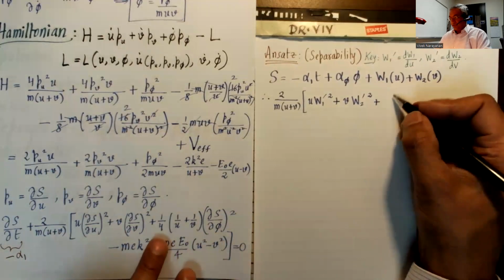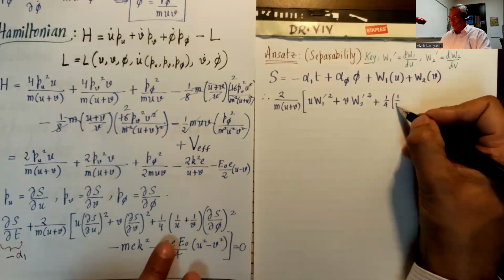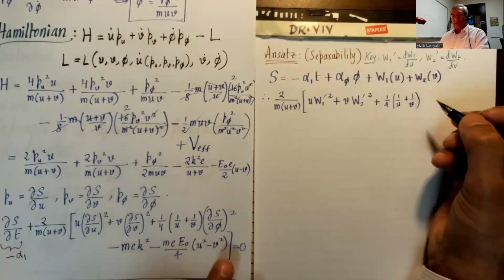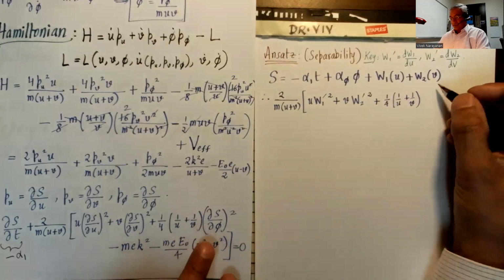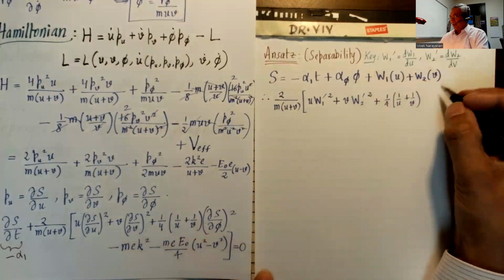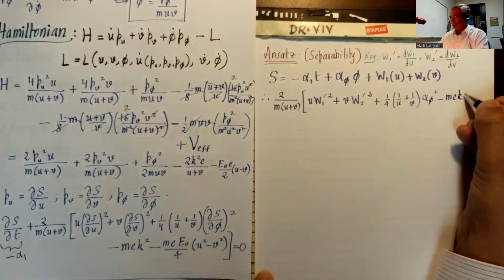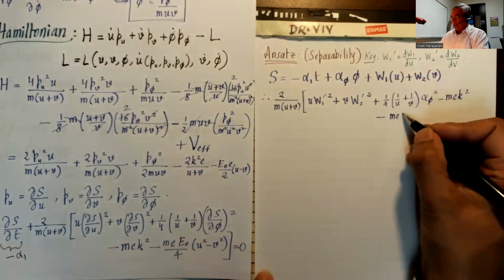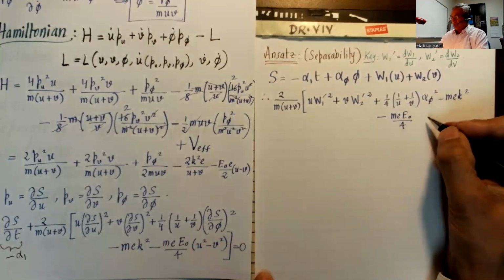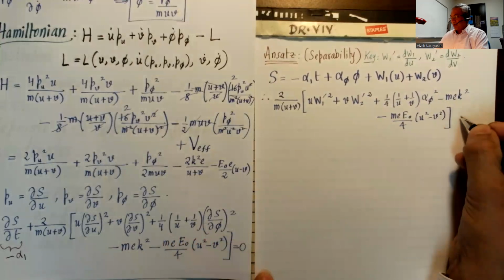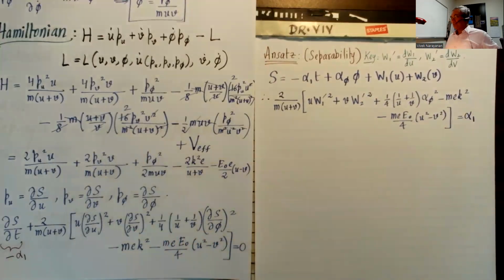So then I have that, and then the next term is v times w2 prime squared. And then I have this term, which is 1/4, 1 over u plus 1 over v. Del s by del phi, well, that is just alpha phi minus m e k squared minus m e naught over 4 times u squared minus v squared, close big bracket, equal to alpha 1. Well, what I can now do is separate.